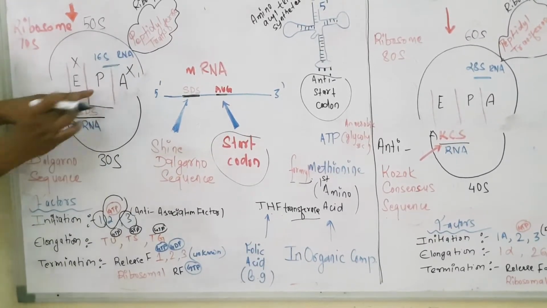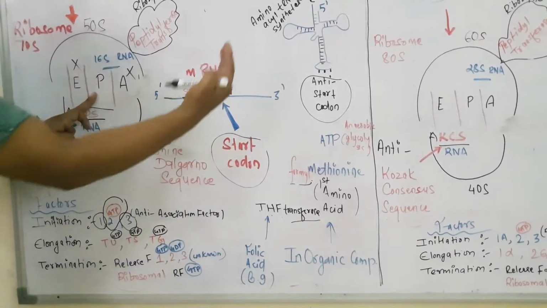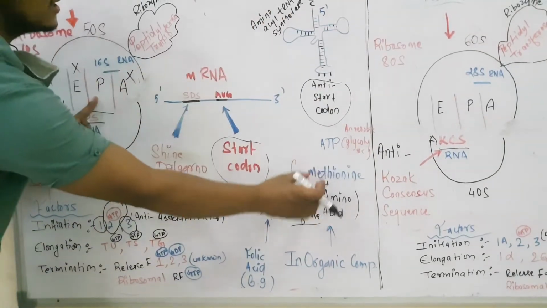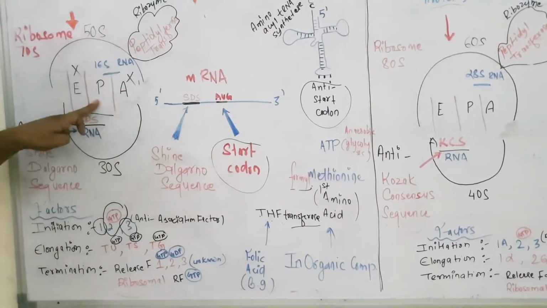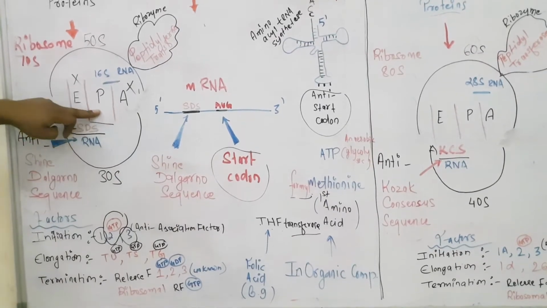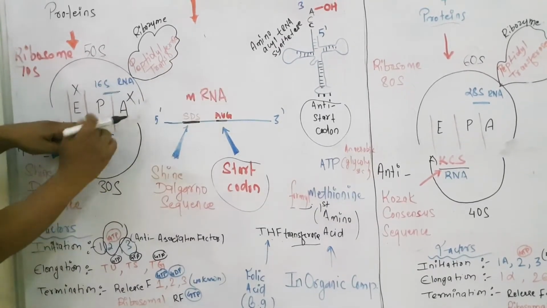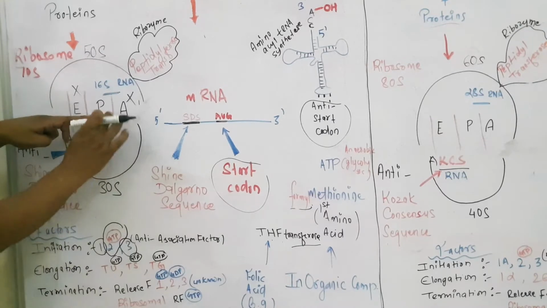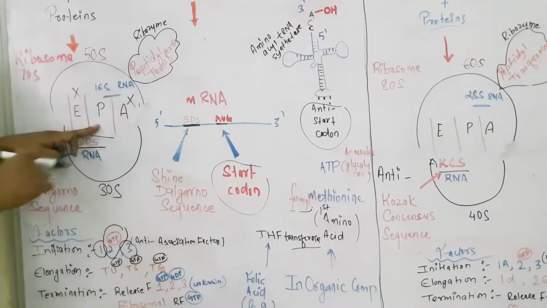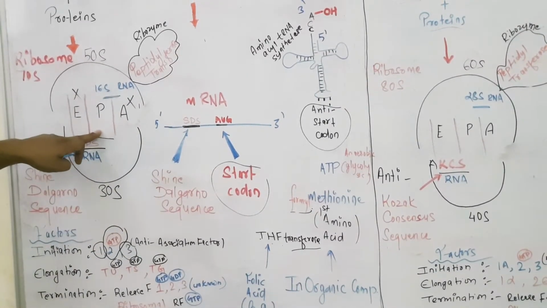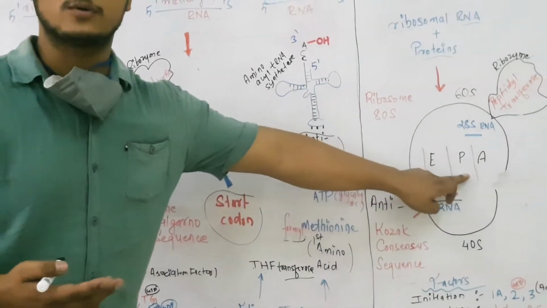So that means the P slot is the only one available. Therefore, the first tRNA, formylated methionine, will come and sit here in the P site. Since this tRNA along with GTP sits over here, this is called the pre-initiation complex. The same thing happens in eukaryotes.